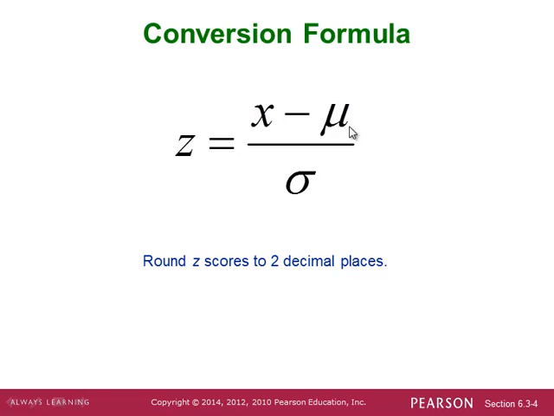You just subtract the mean and divide by the standard deviation in order to get an equivalent z-score. Now in the statement of a problem, you're typically told what the population mean mu is and what the population standard deviation sigma is. So you take your observation x minus mu divided by sigma, and round that to 2 decimal places.